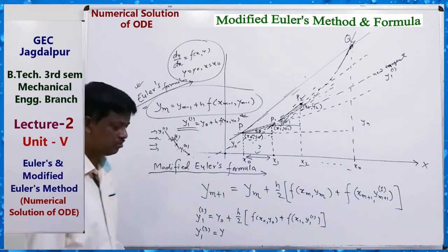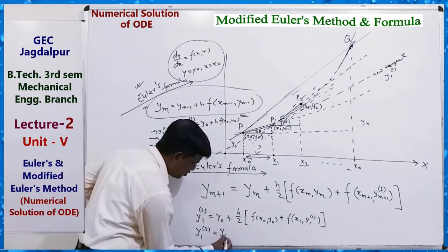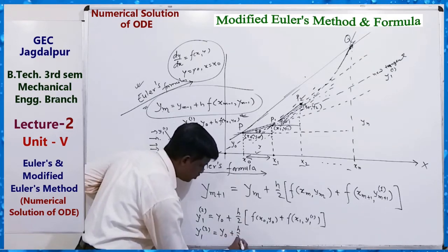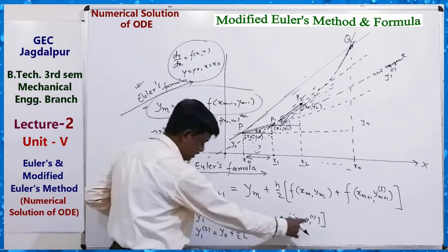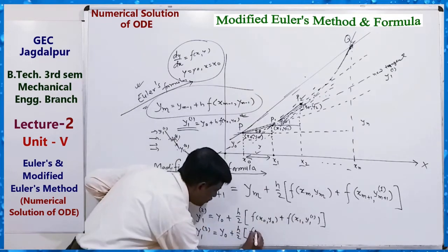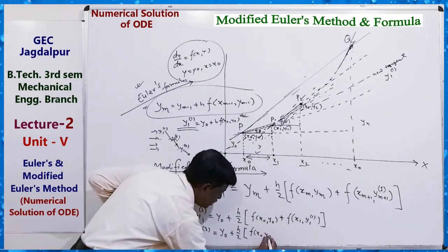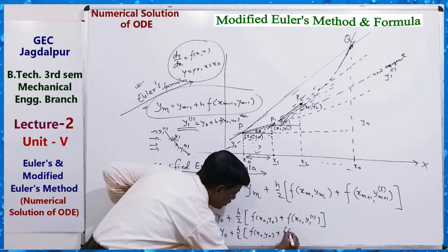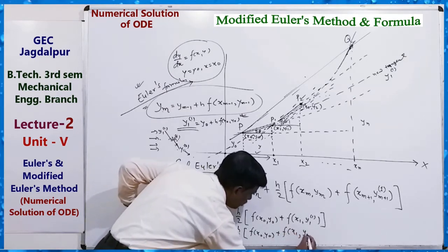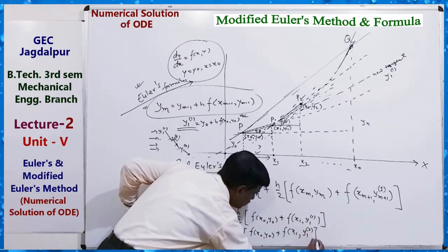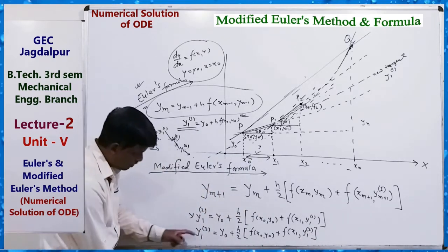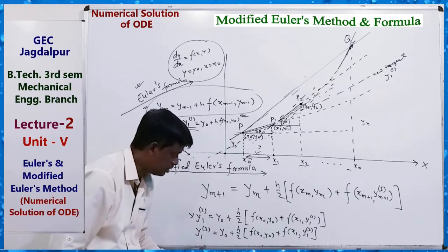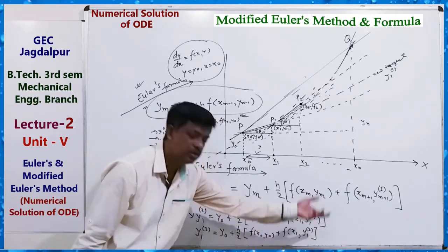Same value, y0 plus h by 2. Only changes will be where? Here: f(x0, y0) plus f(x1, y1^(2)). Just use the previous value. And similarly, for the fourth approximation, in this place y1^(3).